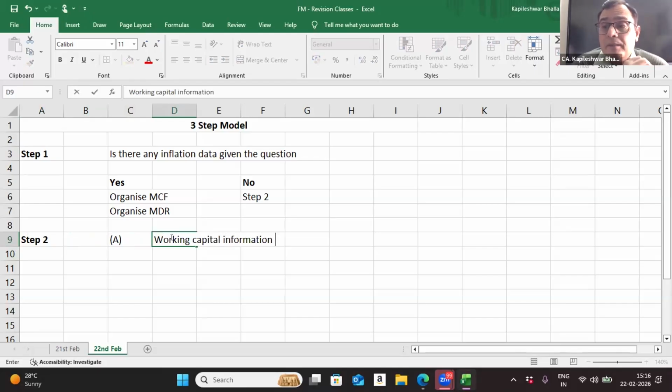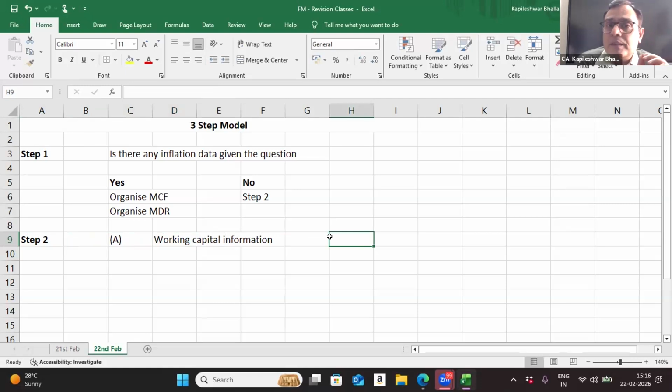If there is any working capital information, we'll organize the working note with reference to it. Now, a quick question. When you say there is working capital information, what is the timing factor when the outflow for working capital takes place? What do we assume? What is the timing factor in this case? Is it at the end of the year or at the beginning of the year?